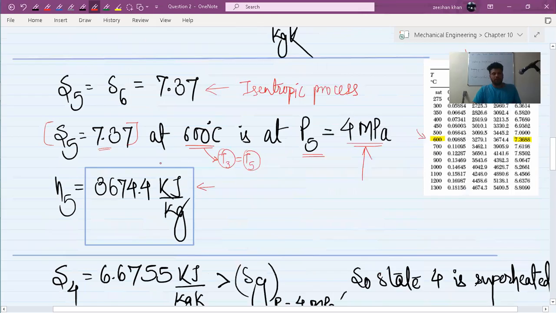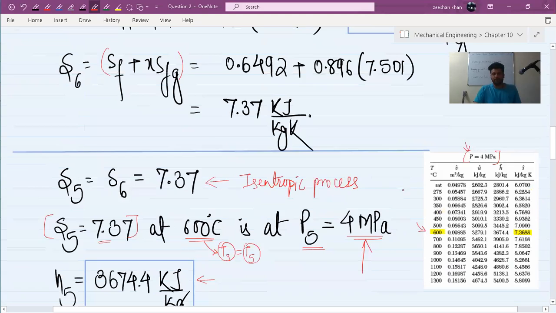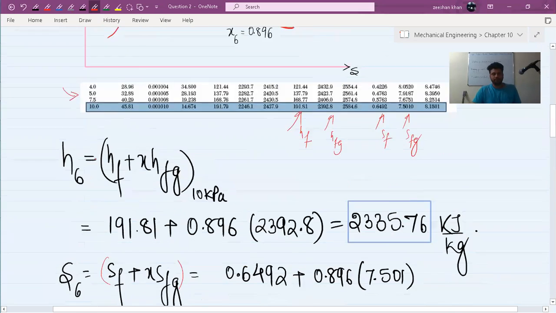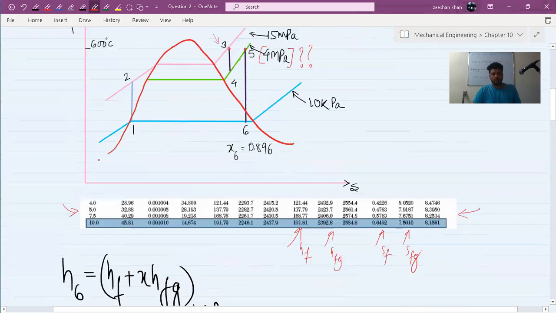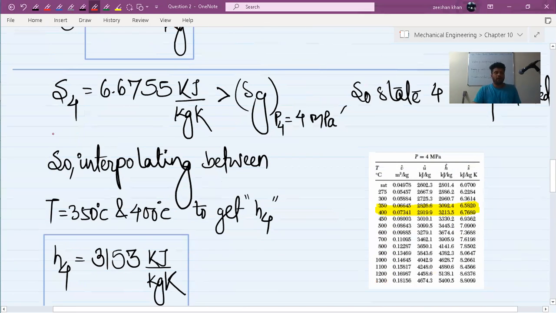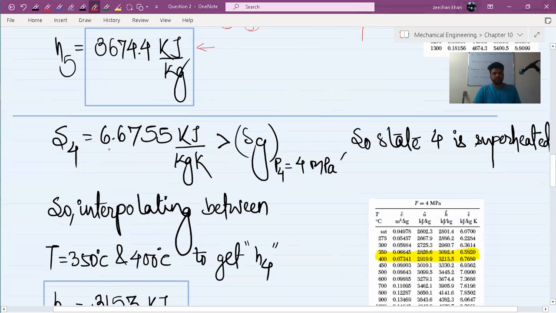Again, why have I looked into a superheated table? That is because the enthalpy. Okay, yes, the entropy at the fourth state must be equal to 6.6755.